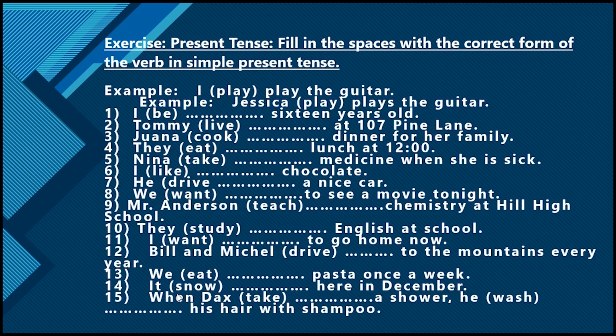Number 14, it, it's singular, a singular noun. It snows here in December. Number 15, when Dax, it's one person, when Dax takes a shower, he wash, it ends in SH. So he washes his hair with shampoo.